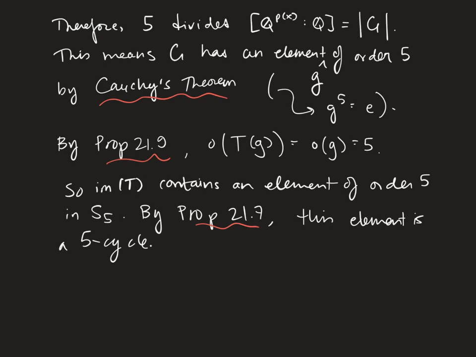If we can show that it also contains a 2 cycle, we have a proposition that says S5 is generated by any 5 cycle and any 2 cycle, which means that the image of T has to be all of S5. At that point we're onto and we're done. So let's go hunting for that 2 cycle. Okay.